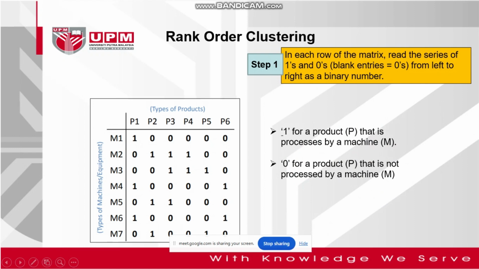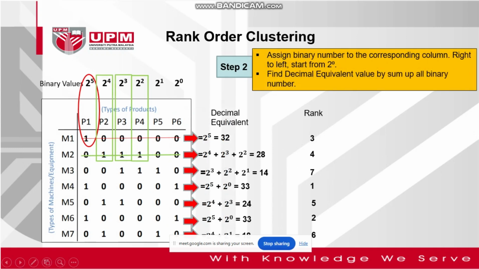For step 1, in each row of the matrix, we put the 1s and 0s from left to right, where 1 is for a product that is processed by a machine and 0 for a product that is not processed by a machine. For step 2, we assign a binary number to the corresponding column, starting from right to left: 2 power 0, 2 power 1, 2 power 2, 2 power 3, 2 power 4 until 2 power 5.